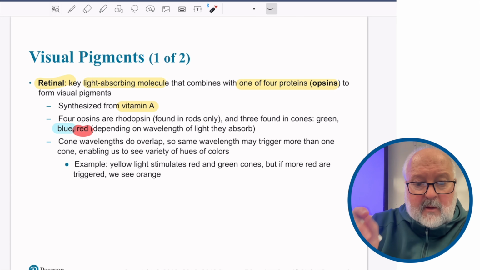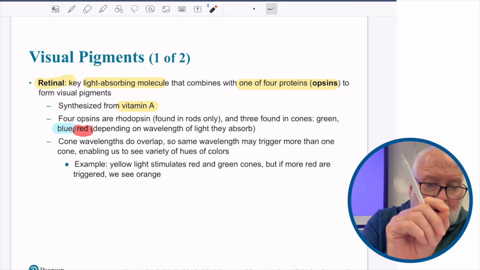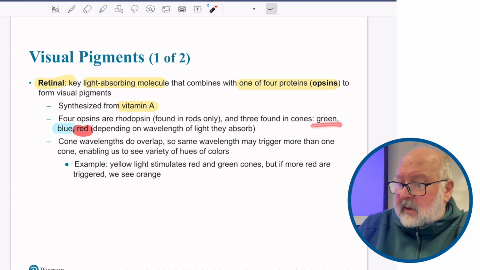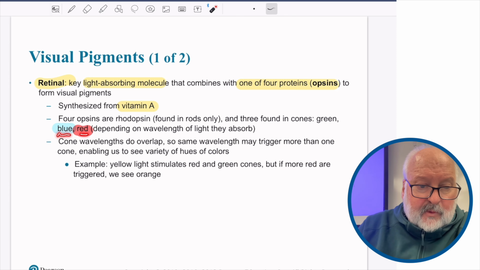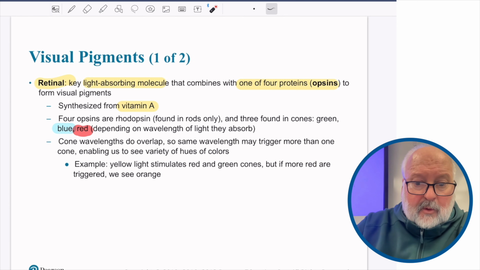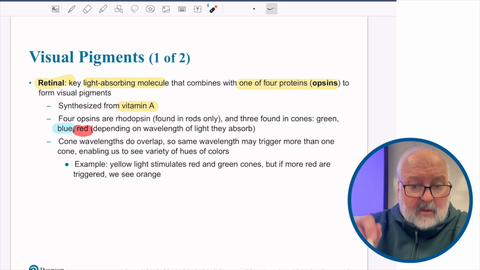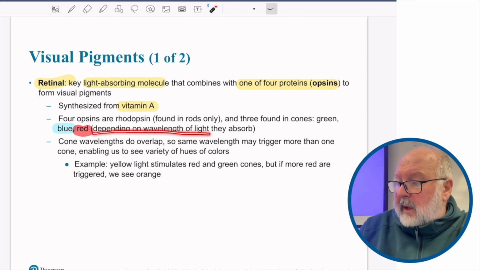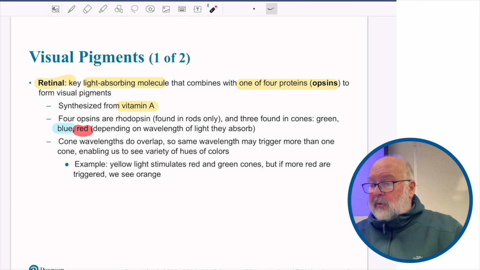And each one of these absorbs in a different part of the light spectrum. The subcategories are the green ones, the blue ones, and the red ones. So they absorb different parts of the visual spectrum. And if you go back to a previous video, we saw the spectrum and where each one of these absorbs within, depending on the wavelength of the light.